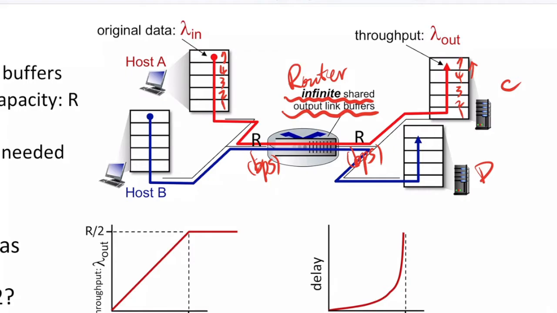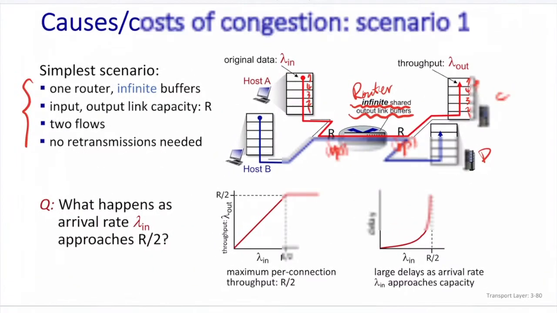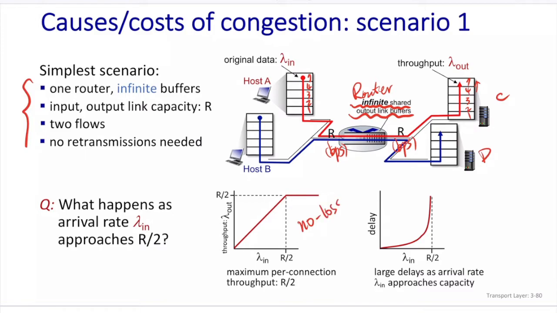We have talked about throughput previously, right? So if everything is fine, we have infinite buffer, and there will be no packet loss and no retransmission. The sending rate lambda in right here should be equal to the lambda out throughput, right?